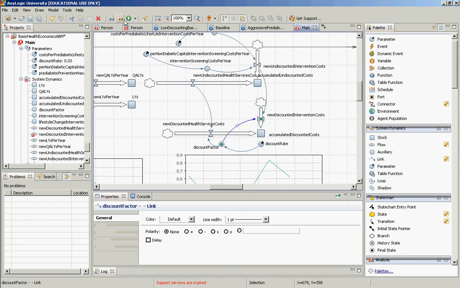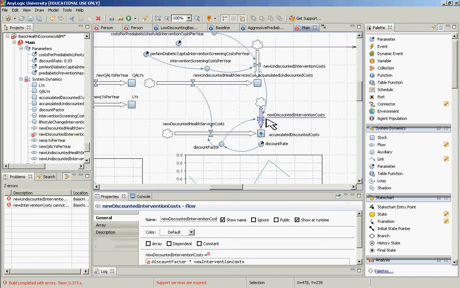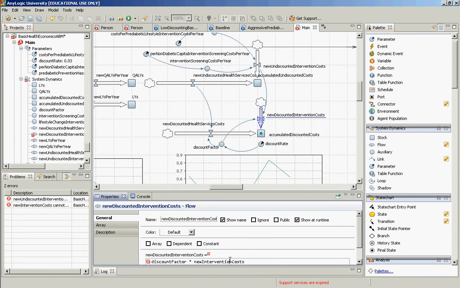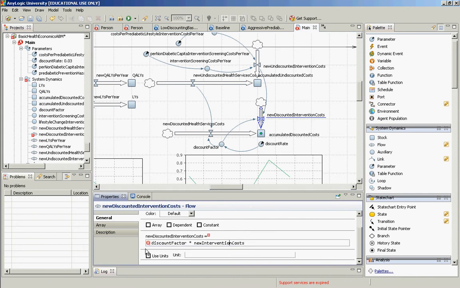Okay, so I'm doing a build here, and we're getting some challenges here. So let's go see what the problem is. It says new intervention costs. This is new undiscounted intervention costs.